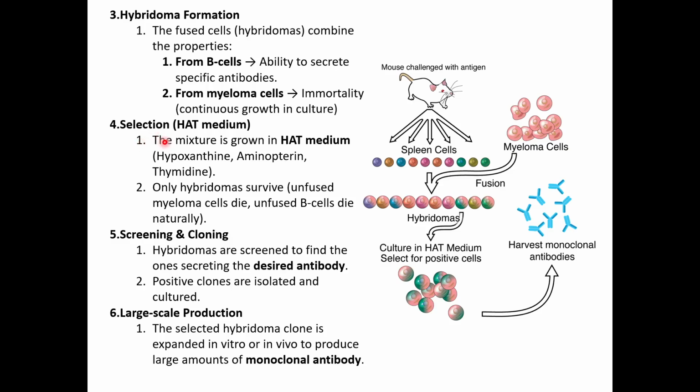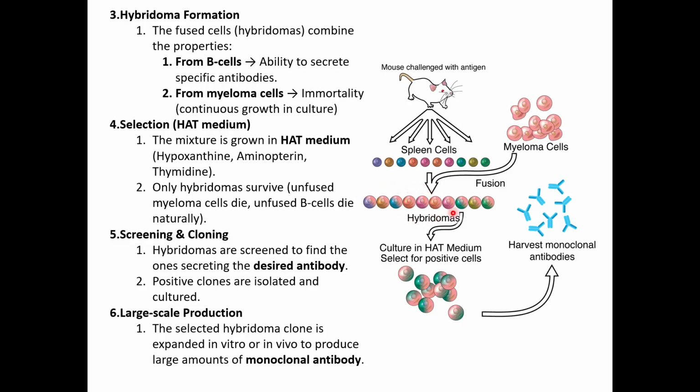Then we have to select the cells. After fusion, you will have some spleen cells which have not fused, some myeloma cells which are not fused, and then the hybridoma cells which are fused. Now you have to select particular cells from the mixture.